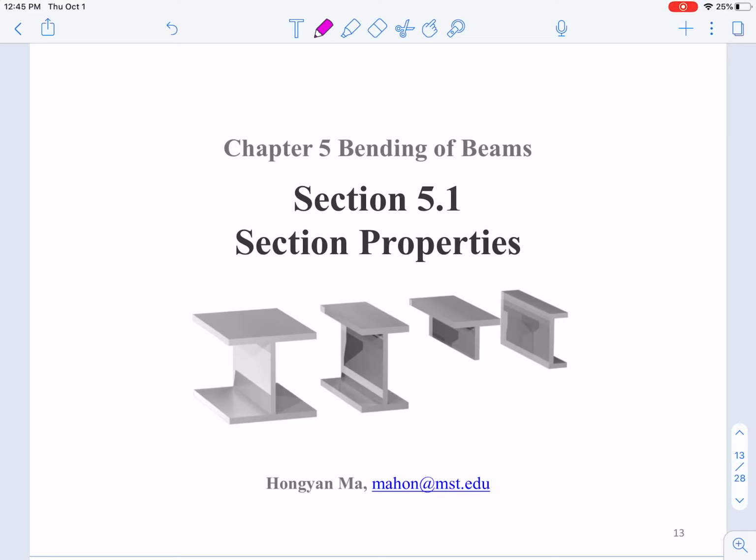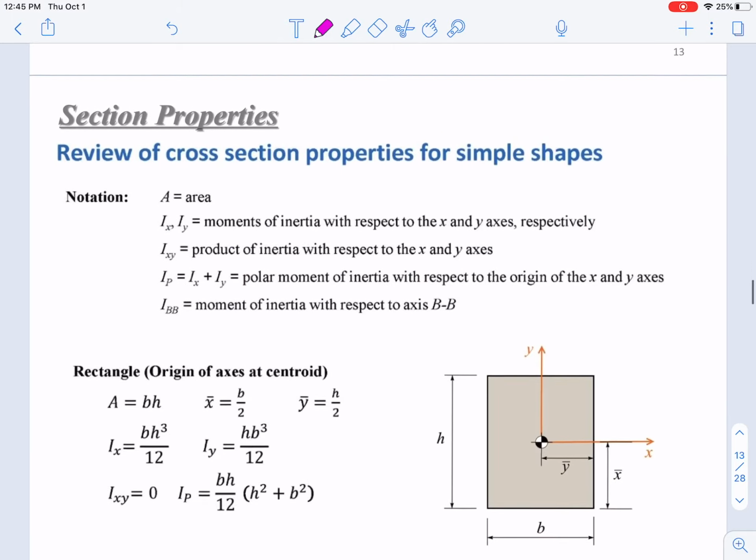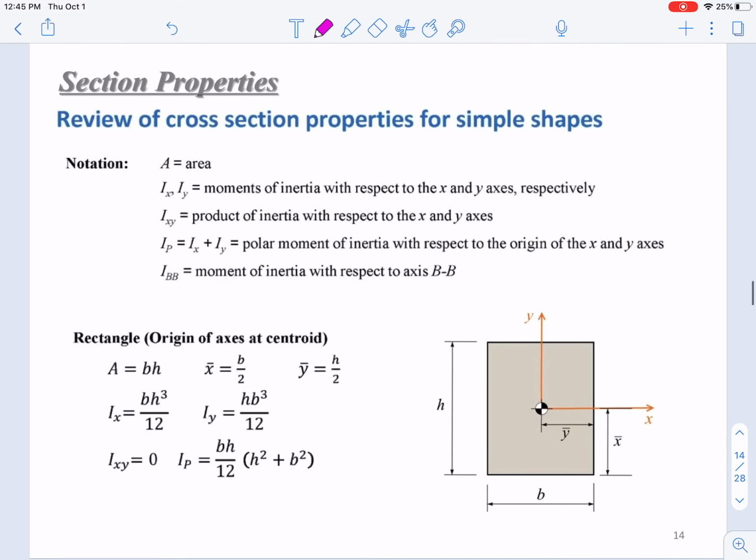In section 5.1, we will review and study section properties. The cross-section properties for a simple shaped cross-section include area, moment of inertia, etc. Normally we use A to denote area, and Ix, Iy to denote moments of inertia with respect to x and y-axis, respectively.